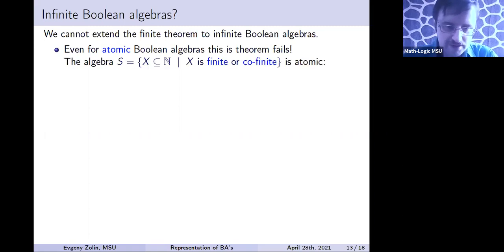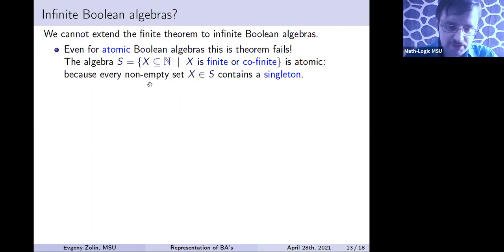Because, again, consider the set of all finite and cofinite subsets of natural numbers. This Boolean algebra is atomic. Every set, if it is non-empty, contains an atom. For example, it contains a singleton, a one element subset.